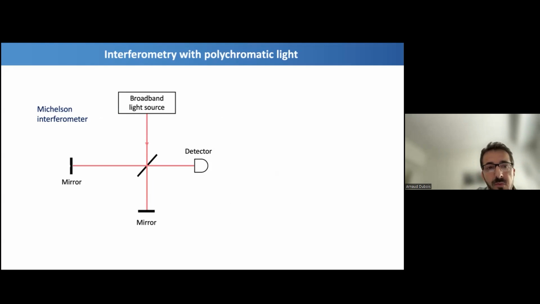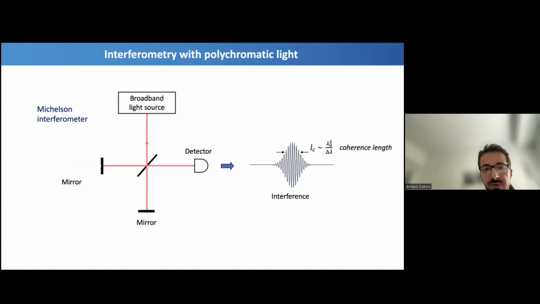As light has a broad spectrum, a low coherence, interference occurs if the two beams have traveled approximately the same distance. So if we vary the length of one of the interferometer's arms, we observe only a few interference fringes, and the width of the interferogram corresponds to the coherence length of light, which is inversely proportional to the spectral width of light, delta lambda.